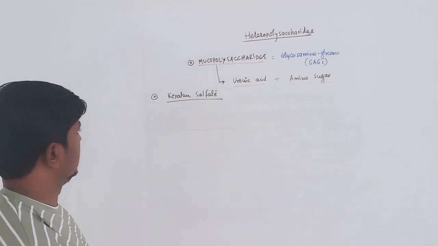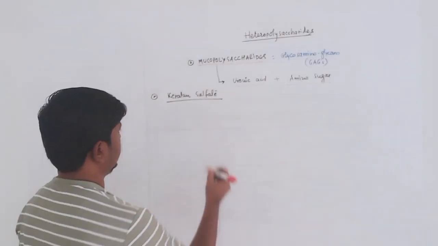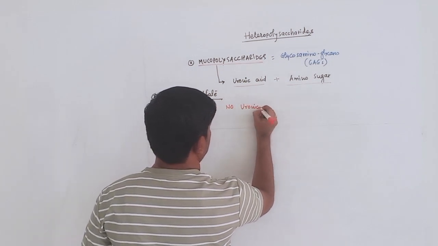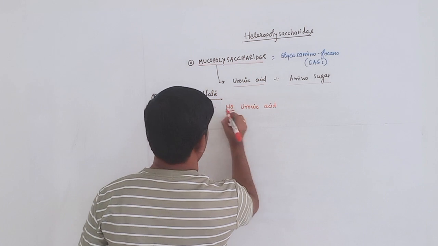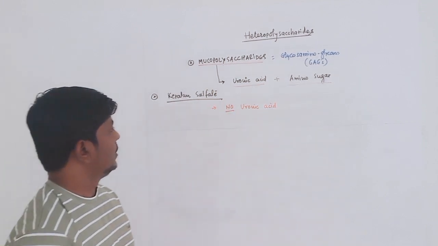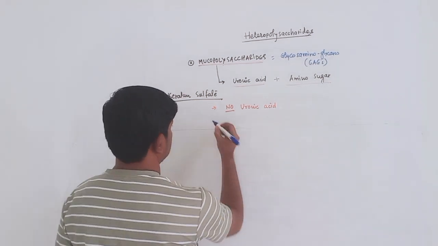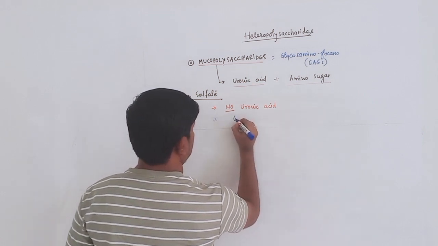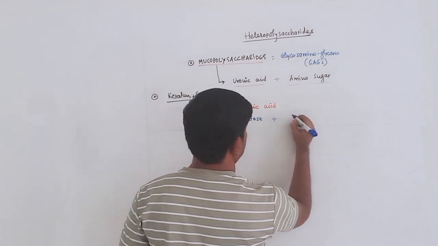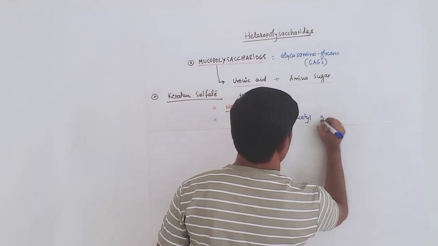Okay, keratan sulfate. This is the only mucopolysaccharide which does not have uronic acid. So what are the contents of keratan sulfate? Mainly galactose and N-acetyl glucosamine.